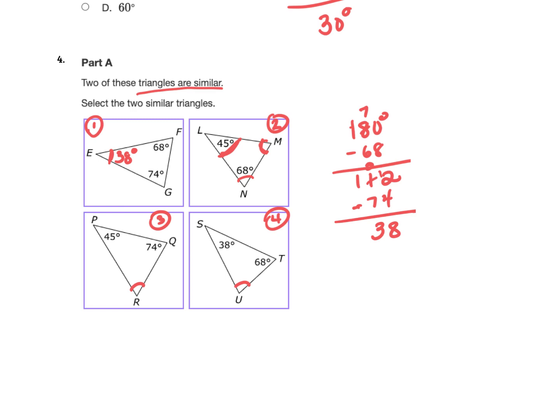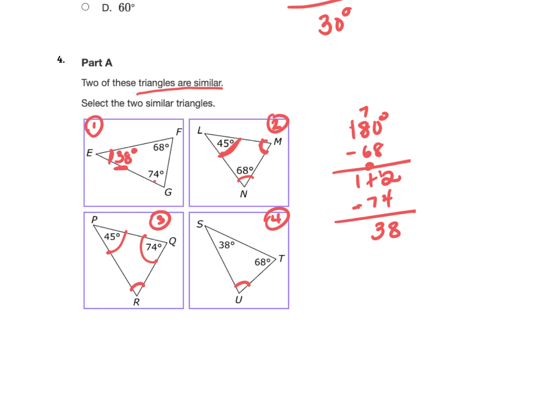That means angle M is going to be less than 74 degrees, so it can't possibly be that one. Here we have 74, and again we have 45, which is more than my smallest angle for E, so that doesn't work.